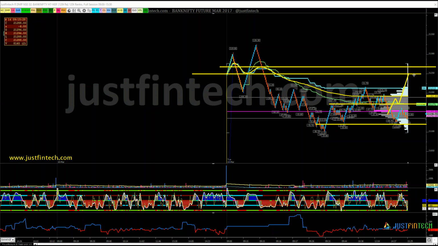So 21,250, 21,270 zone. So push into that. If it starts accepting, then make its way higher and make another all time high, and otherwise fail and come back and settle into the mid.